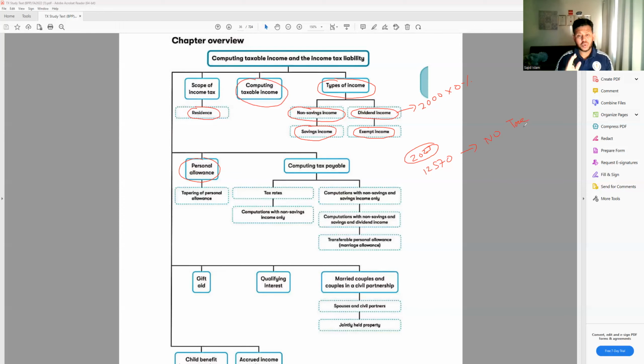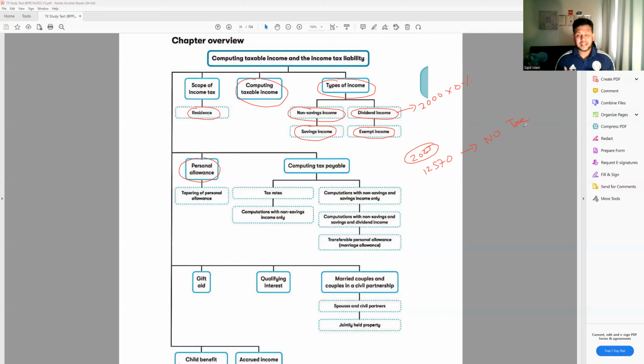That means if your total income is 12,570 or less, you don't have to pay any tax because the whole income will be covered by this personal allowance. The reason the government gives the personal allowance is to give some tax advantage to people.